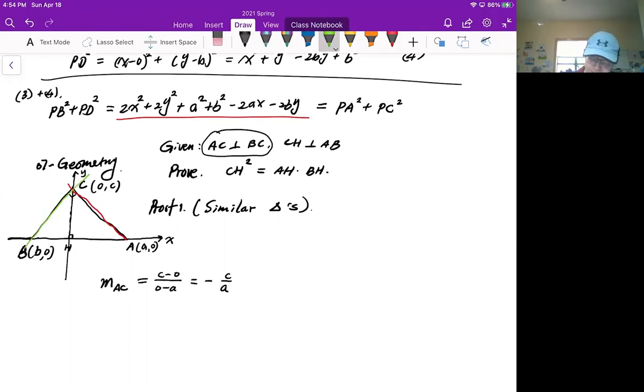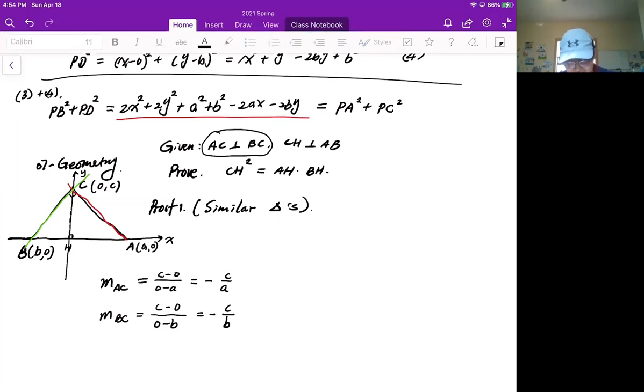So for the green line, I get the slope of BC, which is c minus 0 over 0 minus b. So I get negative c over b. All right, very good. Now you got the slope of both, but the two lines are perpendicular.